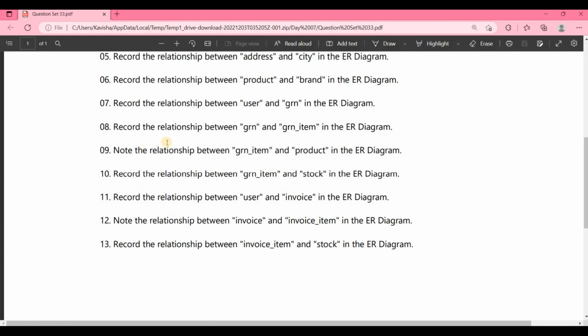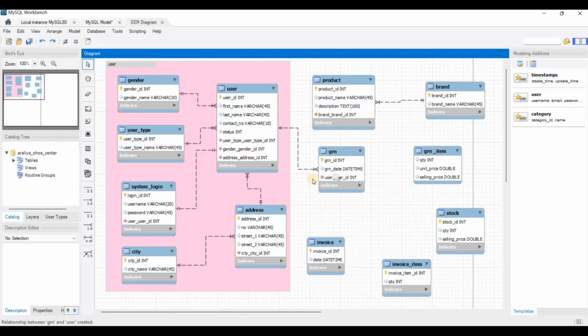In the next question, we have to find the relationship between GRN and GRN item. So here's the GRN table and here's the GRN item table. When we get one goods received note, there will be so many products. There will be one or more products in one note.